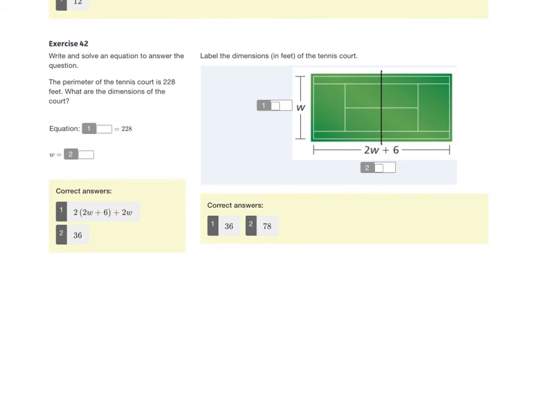Write and solve an equation to answer the question. The perimeter of the tennis court is 228 feet. What are the dimensions of the court? Well, we know perimeter means distance around. So if this side, the left side, is w, the right side is w, and the bottom is 2w plus 6, the top is 2w plus 6. So I'm going to add all this up. 2w plus 6, doing the top, then the bottom, 2w plus 6, then the left side plus w, and the right side plus w.